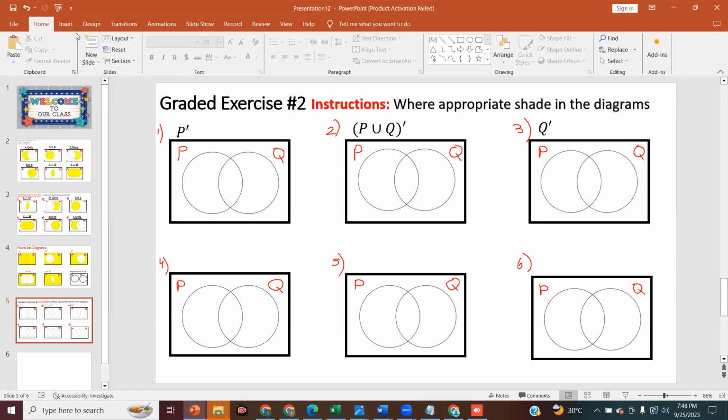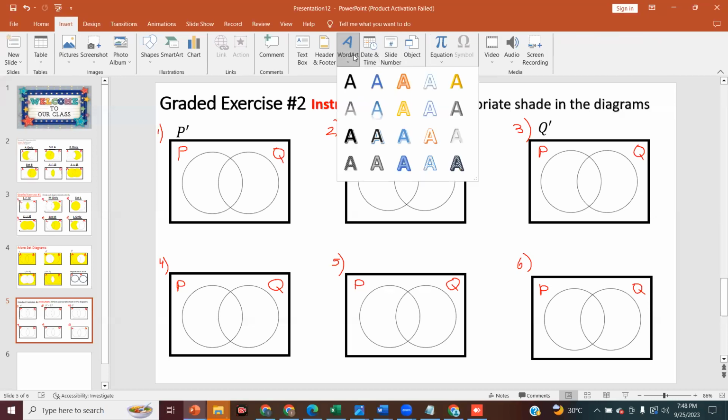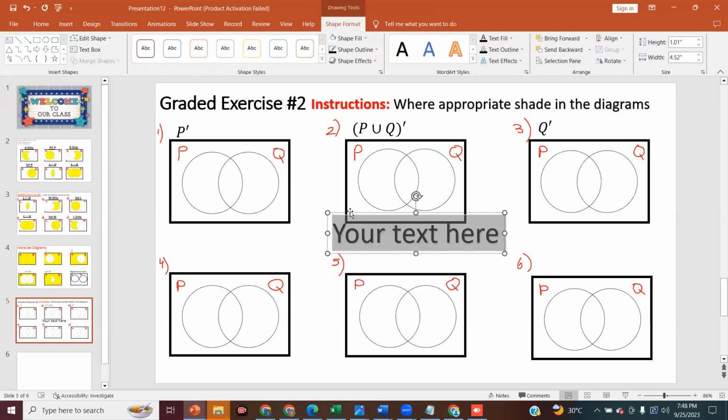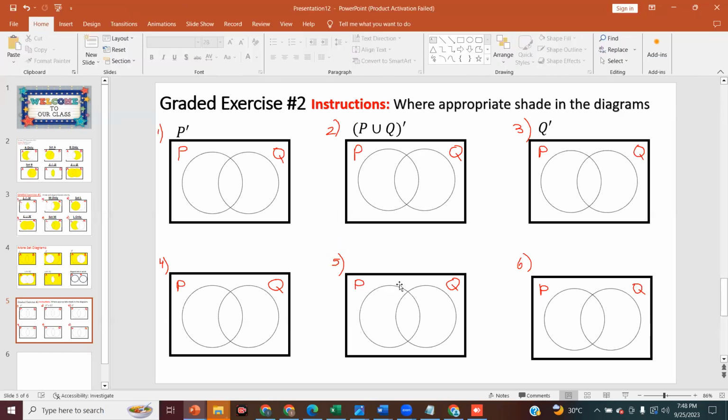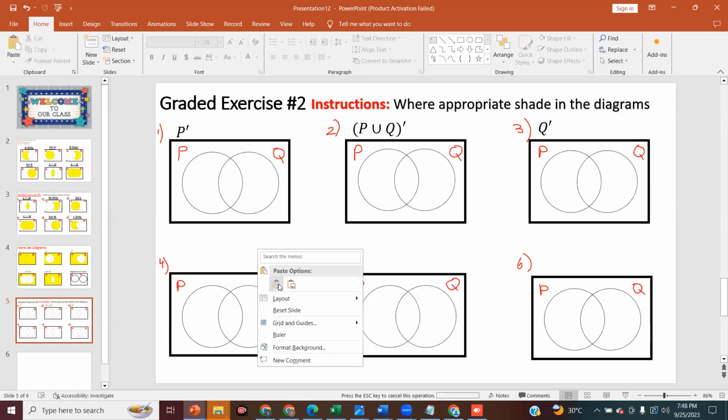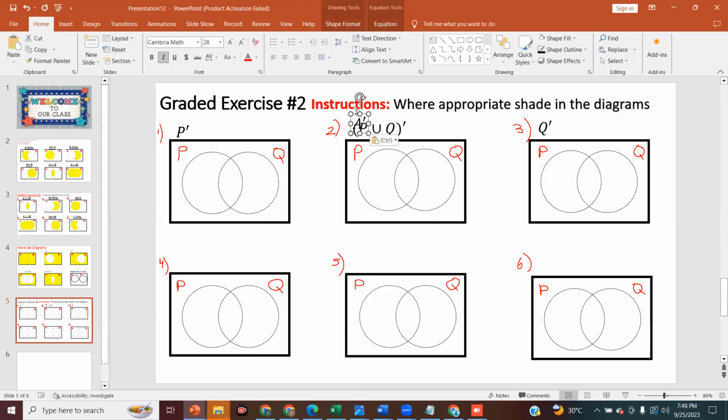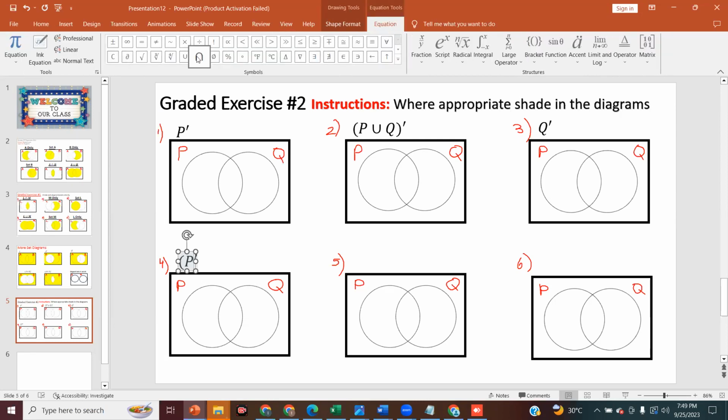For the fourth one, I want you to do P intersect Q complement.